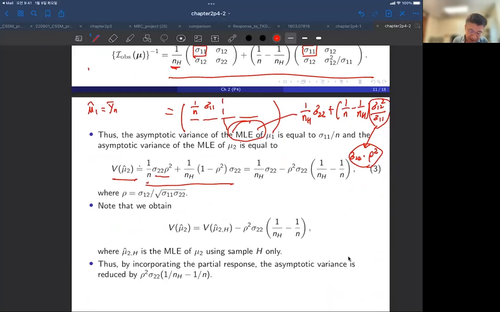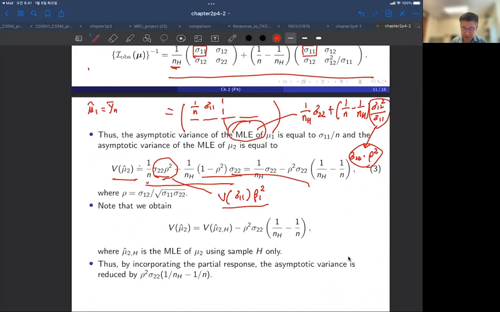So you can see that this is actually the sum of squares, the variance, sigma 11 beta 1 squared, something like that. And then this one is the residual error sum of squares.